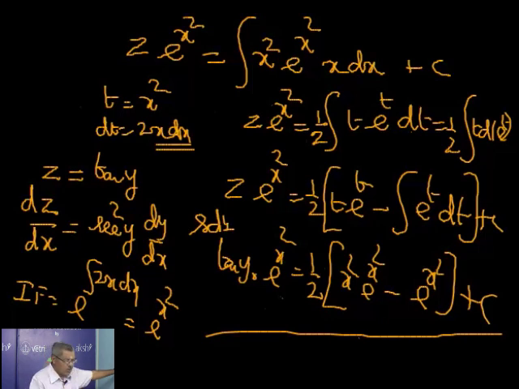Once you identify p and q, that p and q are functions of the independent variable of the differential equation, the problem becomes very, very easy. Okay, this is all about linear equation.